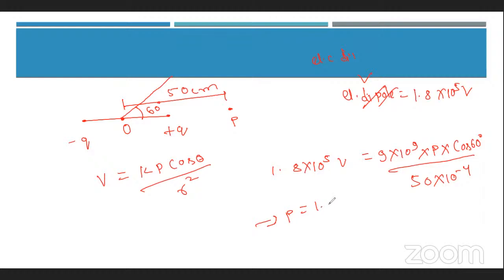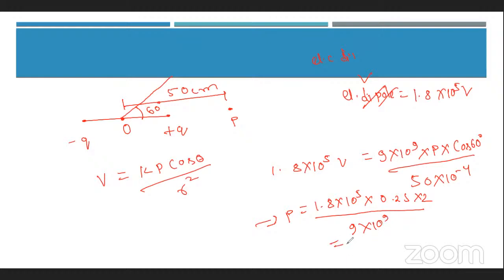So P will be 1.8 into 10 raised to 5 into 50. Okay, if this cancels, cos 60 is 0.5, so I can write it as 0.25 into 2 upon 9 into 10 raised to 9.